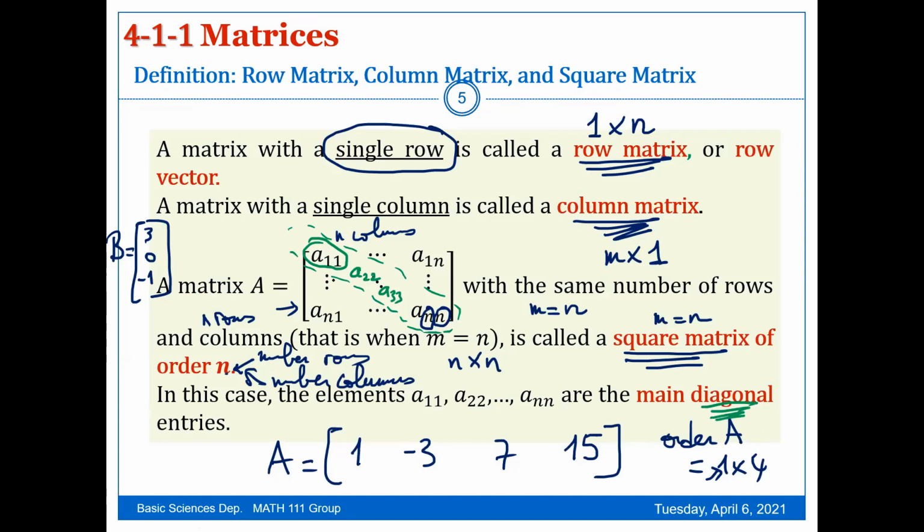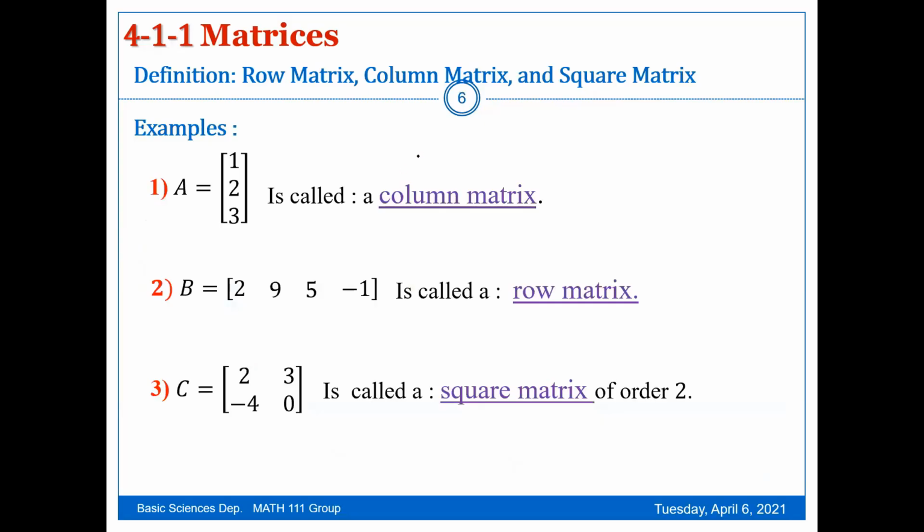So the main diagonal of the matrix contains the elements AII, with the index of the row equal to the index of the column. These are called diagonal elements.